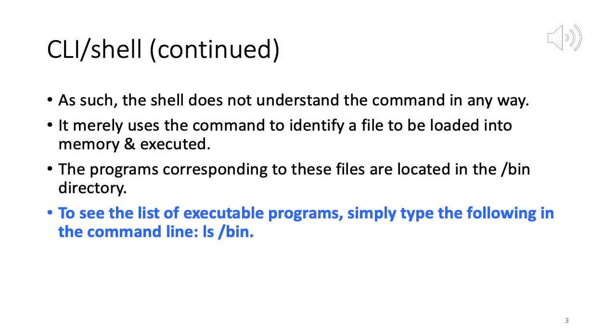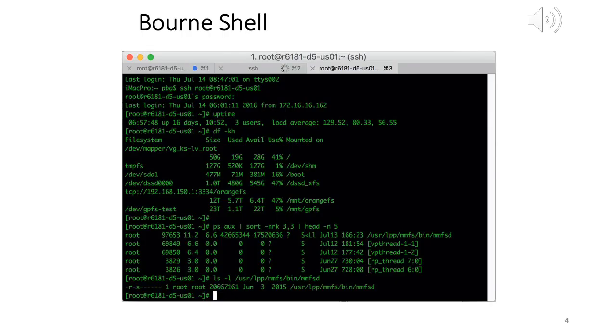Maybe you didn't spell the command correctly, maybe you didn't specify the arguments correctly, or maybe you didn't specify the arguments at all, whereas they were required. Those kinds of errors are returned to you, and you can try again. So that's a command line interpreter. Okay, so here I am on slide 4, and this shows a picture of the Bourne shell. This is from Mac, Apple OS.